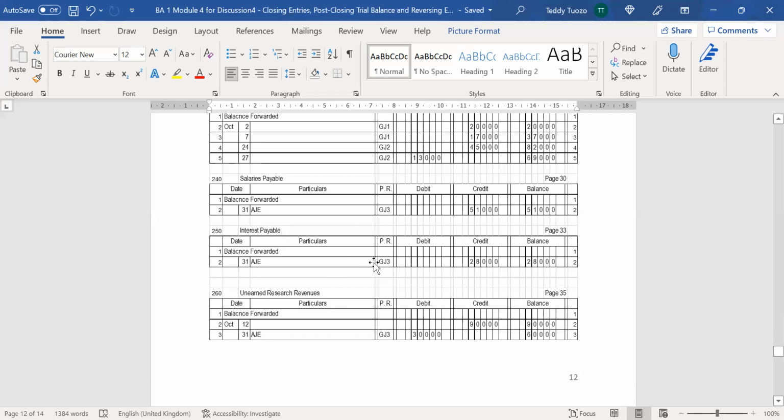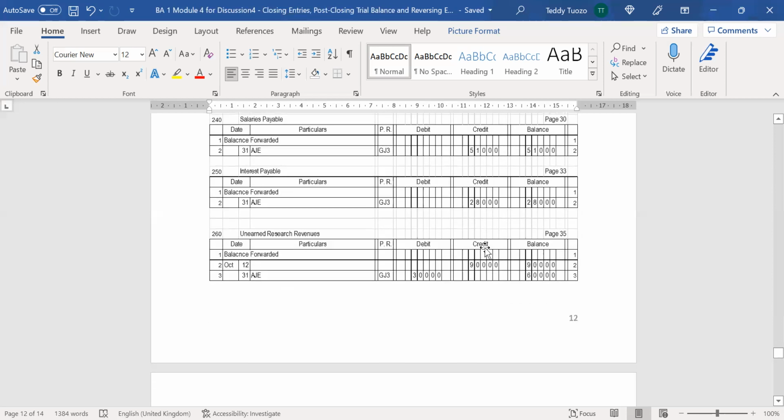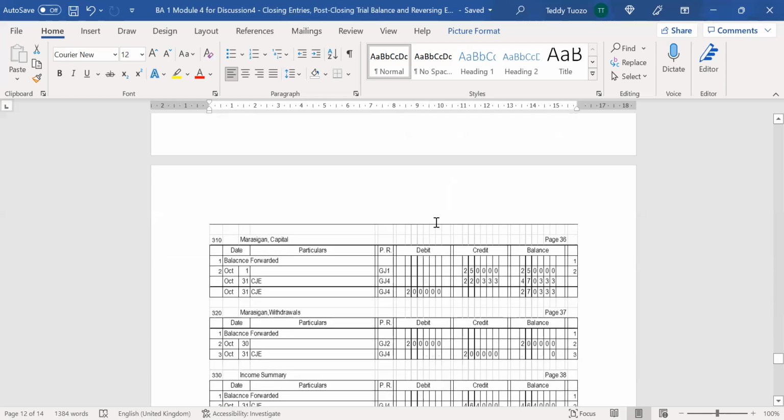But for 2021, for example, if this is for the year 2021, it is still there. We have not reversed it yet, because take note that the reversing entry is only made on the first day of the next accounting period. So here are the adjusting entries.